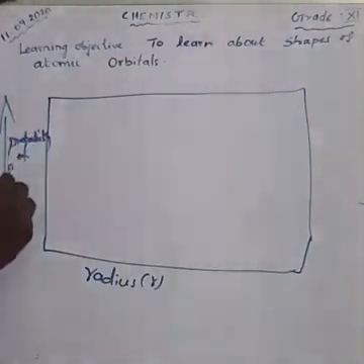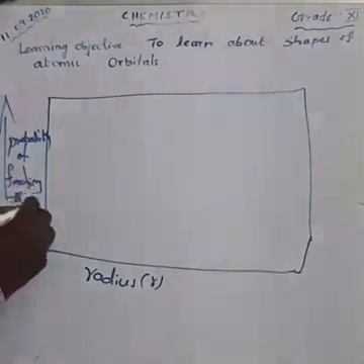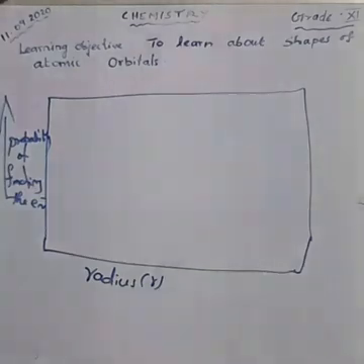Probability of finding the electron. We are taking r and r square as the two variables.